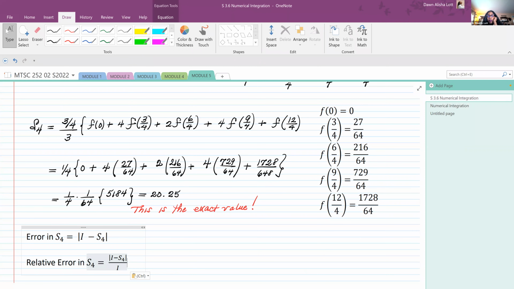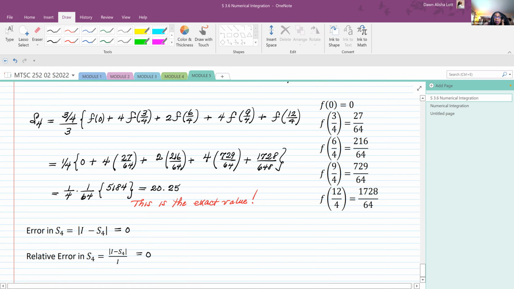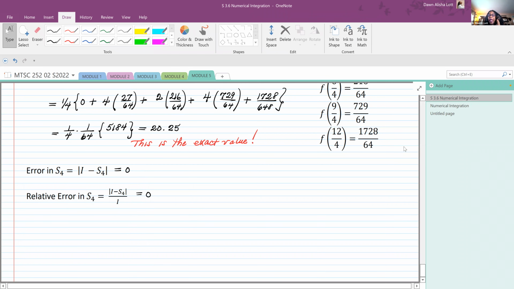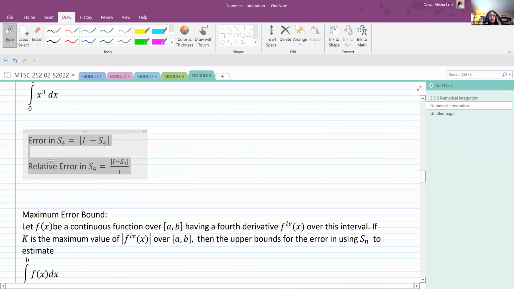Okay, so the actual integral minus S4 is 0, and so is this. So why is that 0? Well, the reason is that the maximum error for Simpson's rule is quite different. So here is the maximum error for Simpson's rule.